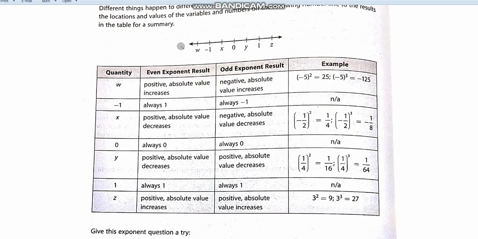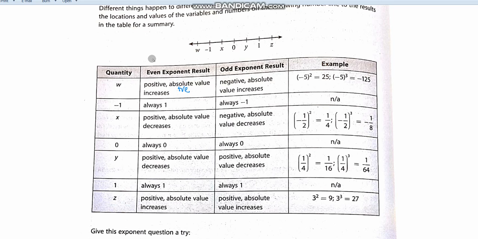If you have -4, you square it, you become 16. That is what it means by increase. The absolute value here refers to the result being positive.